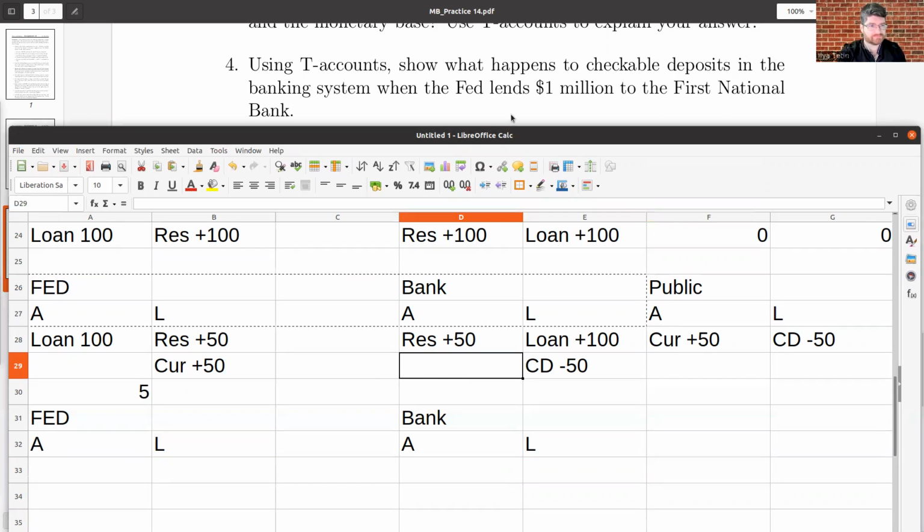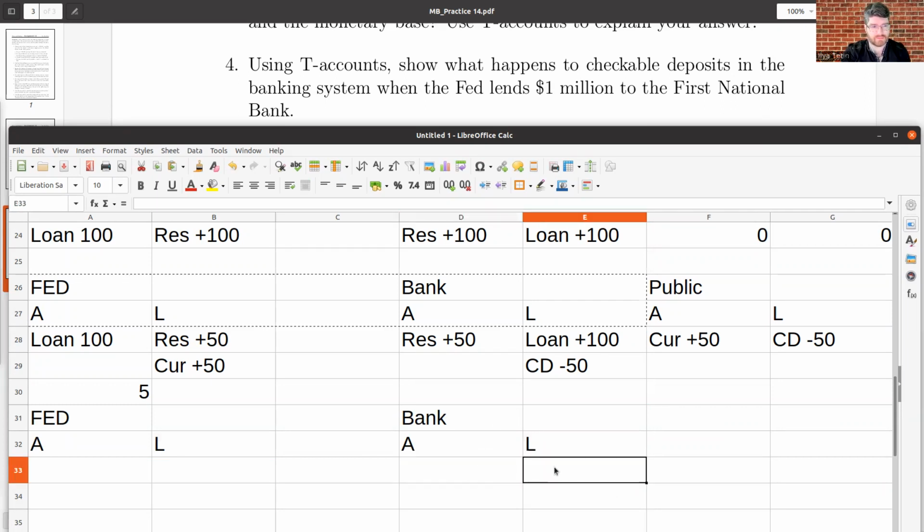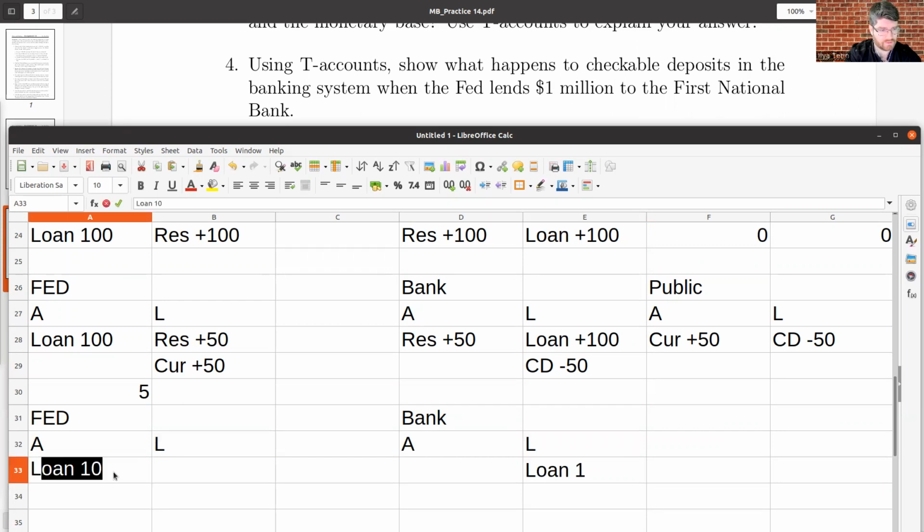All right, so the Fed lends 1 million. Where will this 1 million be, an asset or liability for the bank? The bank receives money. This is the liability for the bank, the loan. This loan is at the same time an asset for the Fed. How can we equalize this loan?